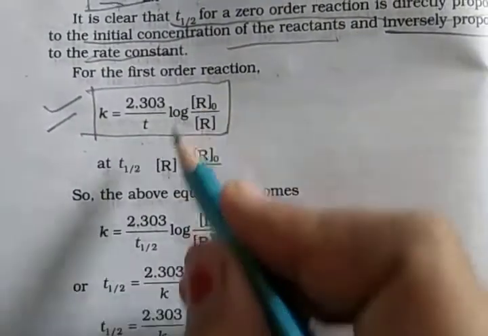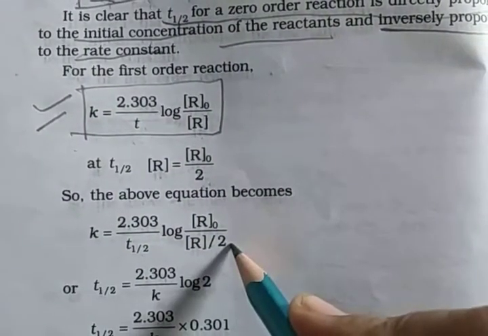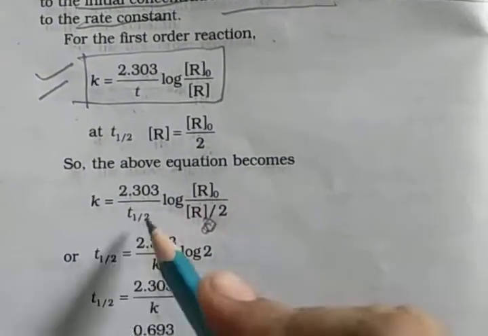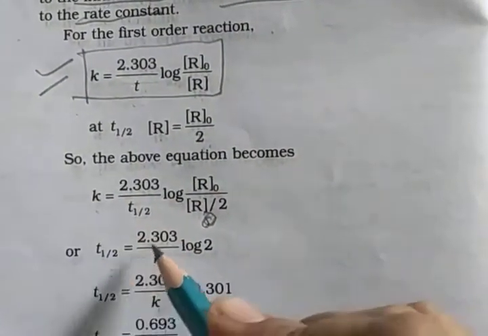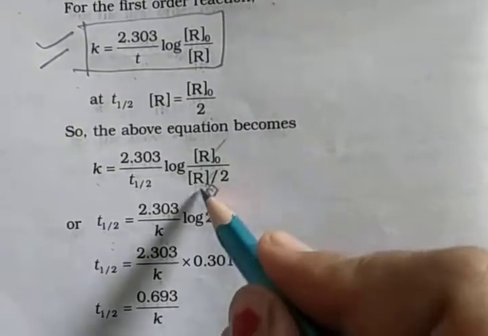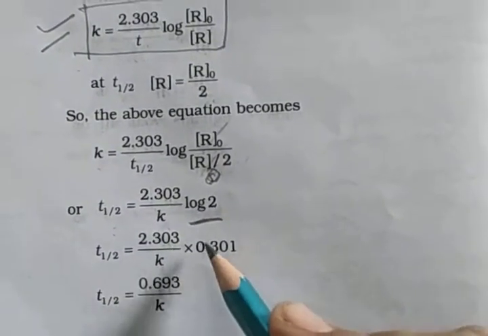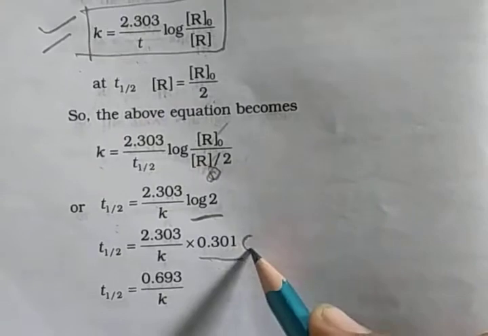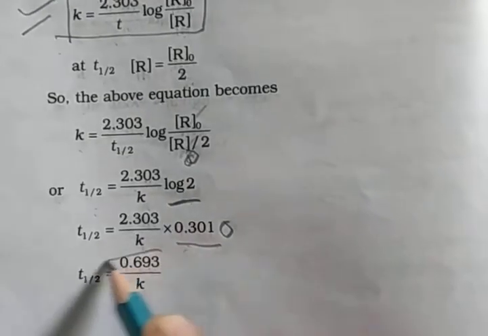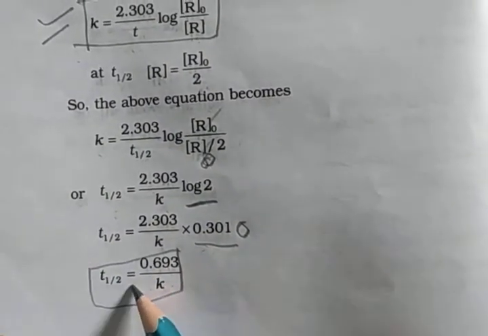Putting this value in the equation and moving T half to the left-hand side, T half is equal to 2.303 divided by K, and the R naught cancels, so the 2 goes to the upper side, giving log 2. The log 2 value is 0.3010. Multiplying, we get 0.693 divided by K. So the half-life period for a first order reaction is T half equal to 0.693 divided by K.